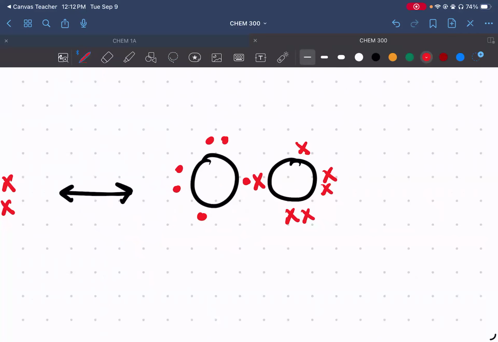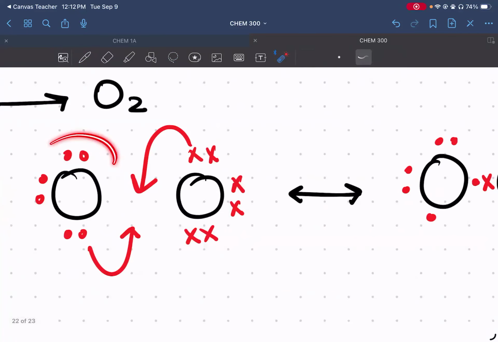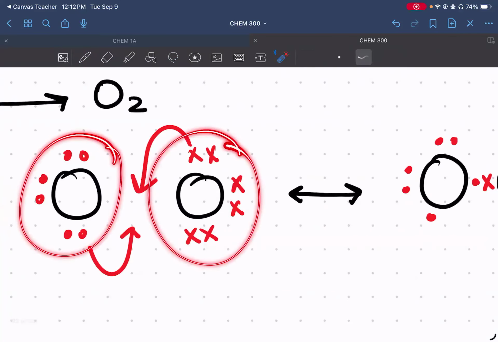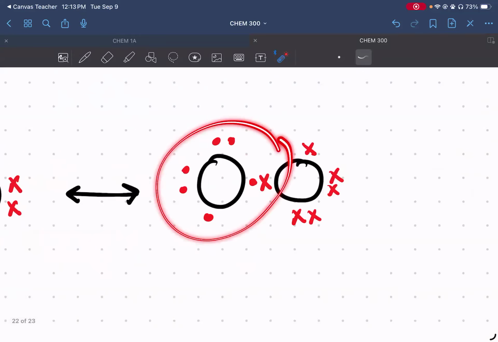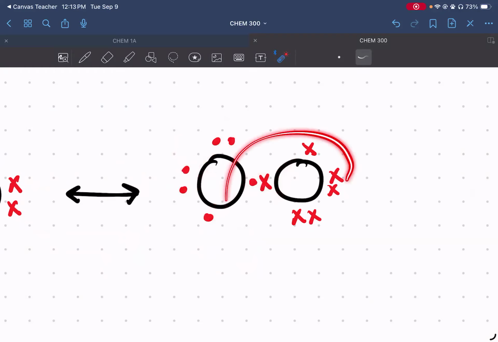What does this lead to? Well, previously, each oxygen separately had access to 1, 2, 3, 4, 5, 6 electrons. Right now, each oxygen has access to 1, 2, 3, 4, 5, 6, 7 electrons. You can say the same thing for the oxygen on the right. 1, 2, 3, 4, 5, 6, 7.